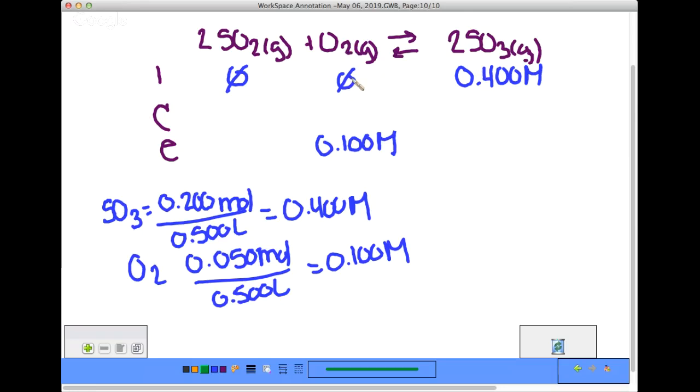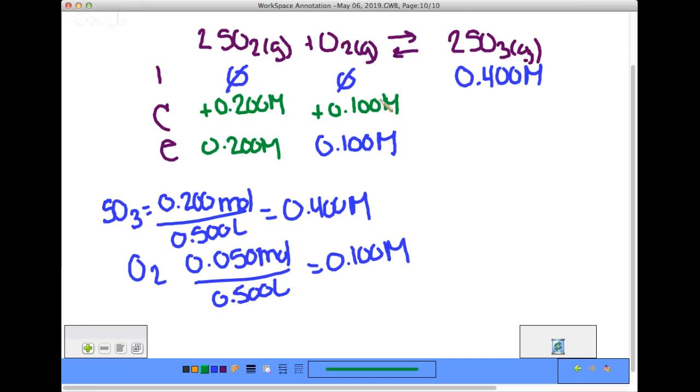Now, in order to get from 0 to 0.1, we obviously had to add 0.100 molar. So 1 mole of oxygen added 0.1 molar of this. 2 moles of SO2 are going to add double that amount, 0.200 molar of that. Now over here, this is not going to increase, this is going to decrease.